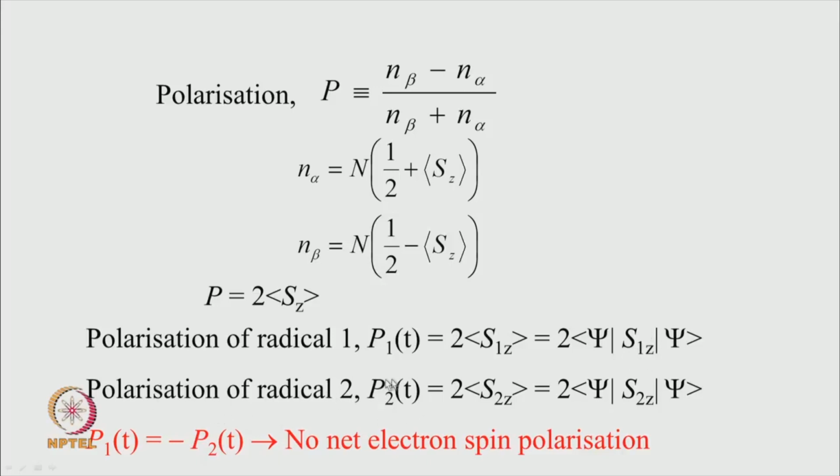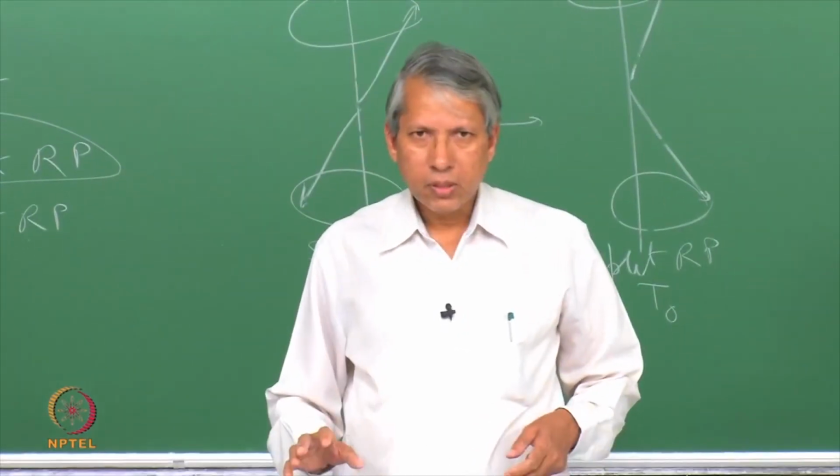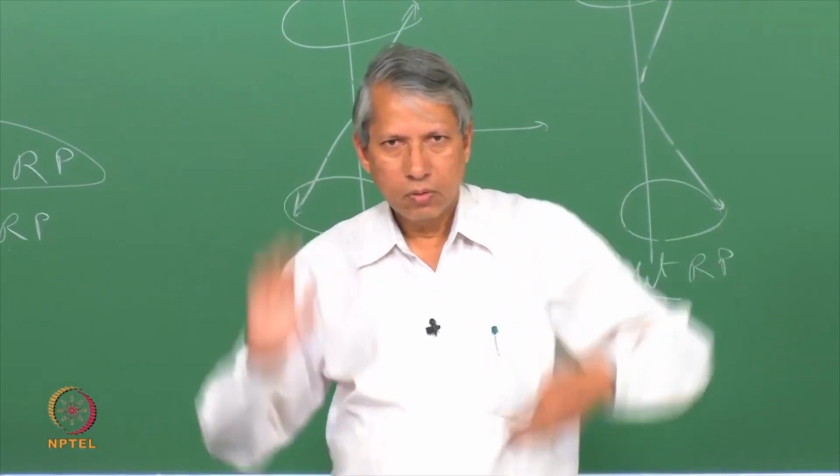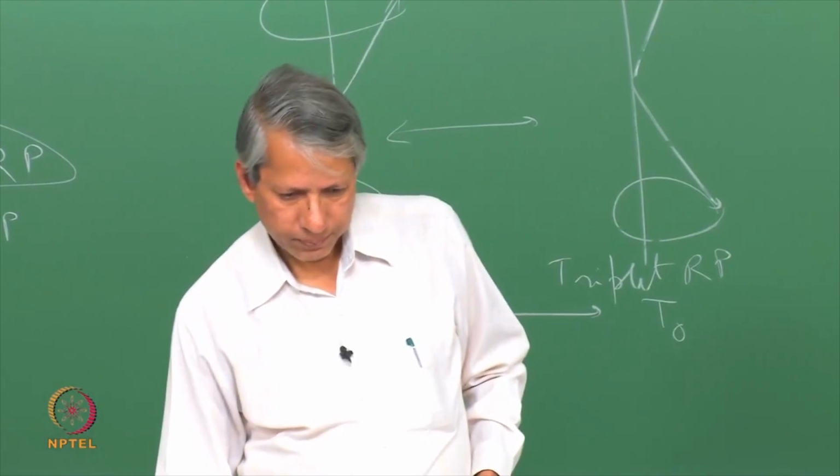Similarly, for radical 2 it is a similar expression. Now, you see they are exactly opposite. P1(t) is equal to minus P2(t), and no net electron spin polarization takes place. It only shows that the spins simply get distributed in such a way that one becomes this way, the other becomes that way. There is no net polarization.